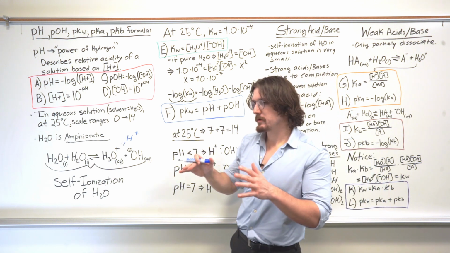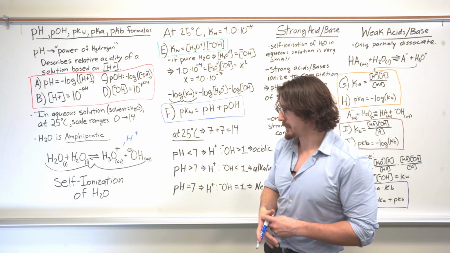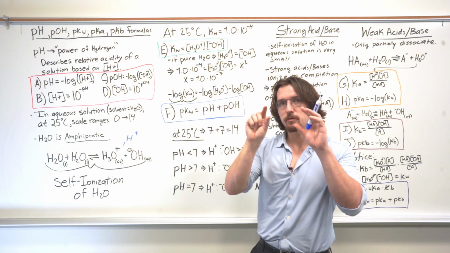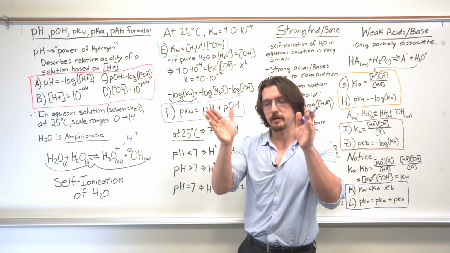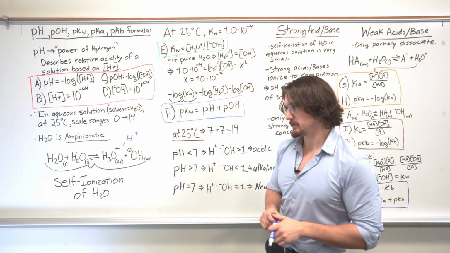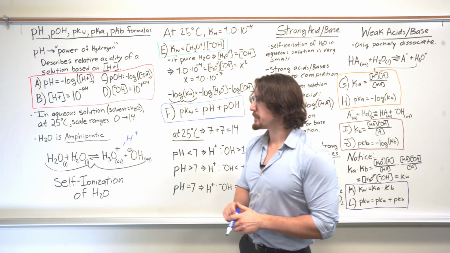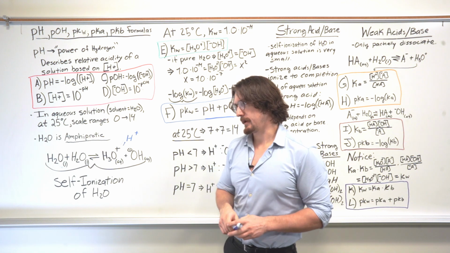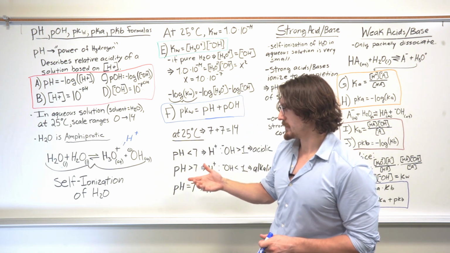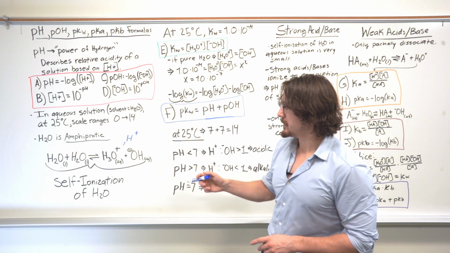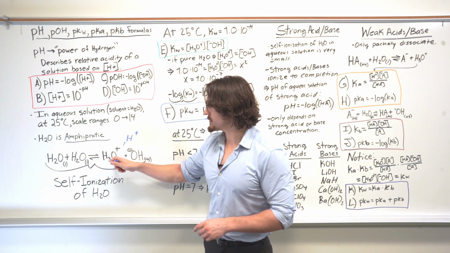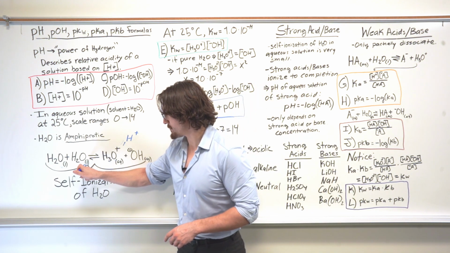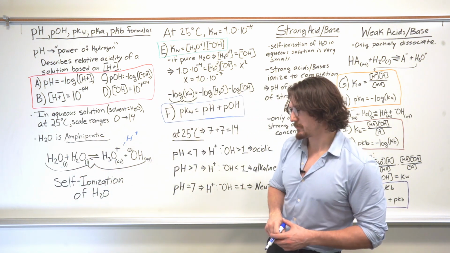For all equilibrium constants, as a reminder, you write the equilibrium constant as equal to the concentrations of the products divided by the concentrations of the reactants. And remember, with any equilibrium constant when you're talking about solutions, you can only include the products or reactants that are in the aqueous phase. You can't include any liquid phase reactants or products, and you can't include any solid reactants or products.